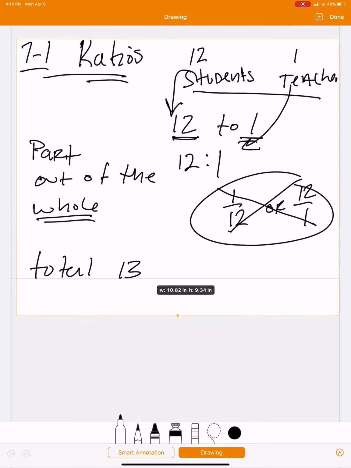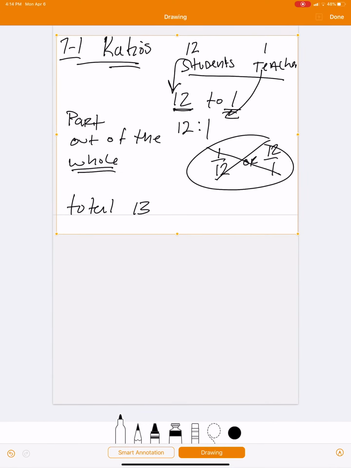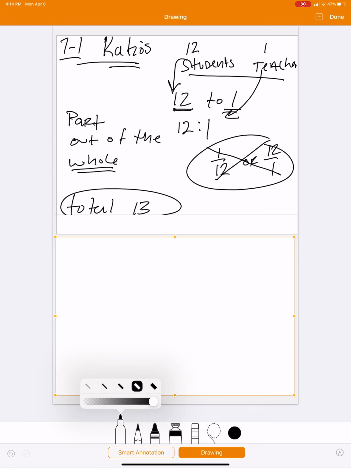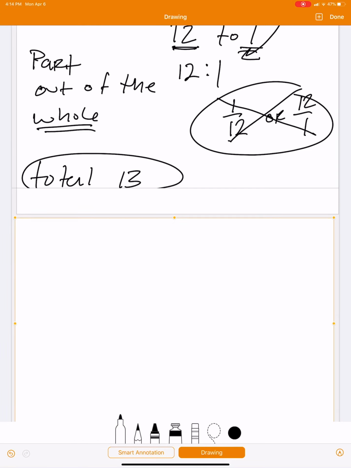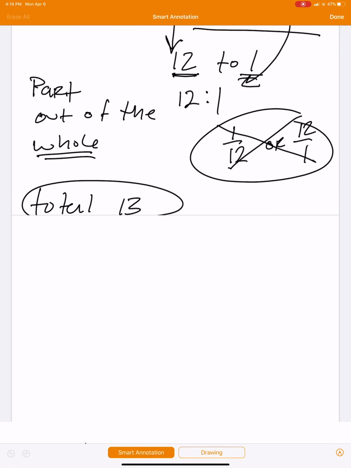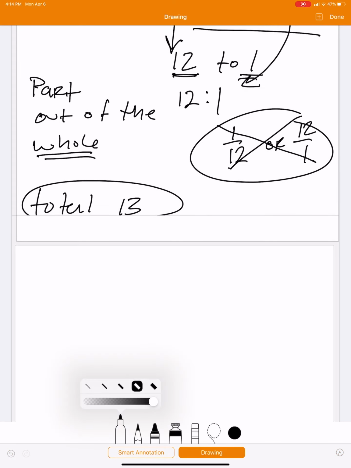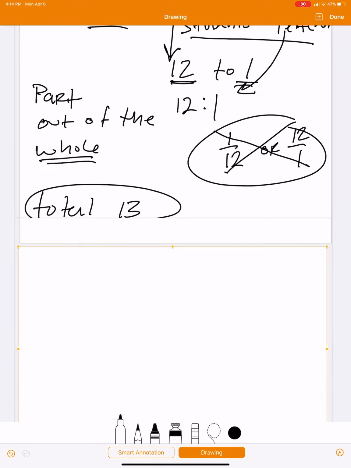Okay, let's not really do that here. Add another dragon there. Getting used to a new toy here. So I can say that in this case we said total was 13. I could say that if I was talking about students, for some reason it doesn't like me here.